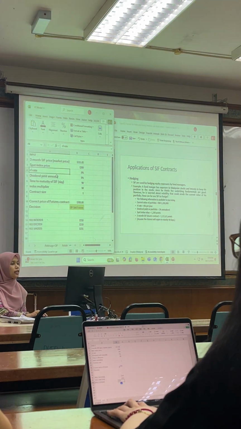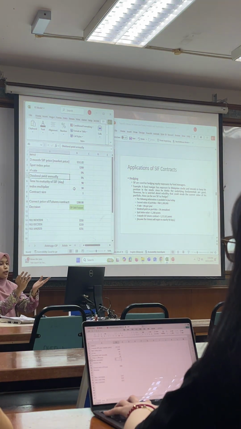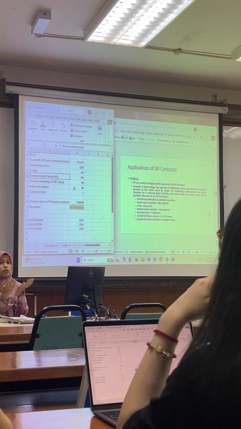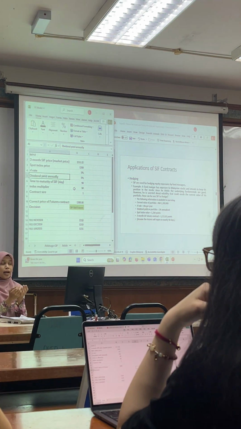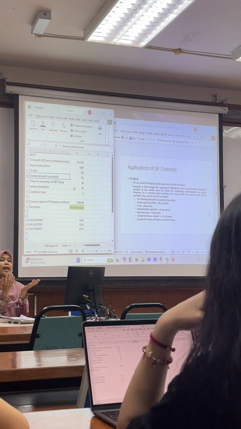Okay, the dividend here. Remember when you assume that you are holding the portfolio, it means that you are holding the stock, you invest in the stock, so you are entitled to receive the dividend. When you have a portfolio here, assume that the portfolio consists of 10 stocks.